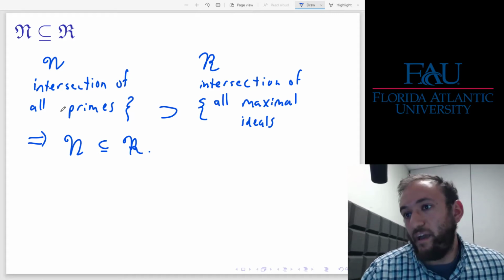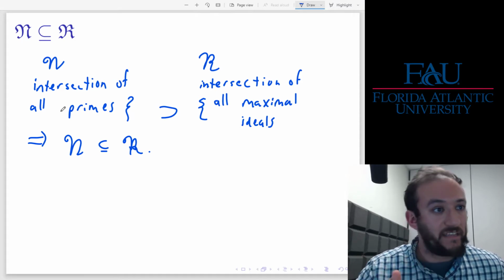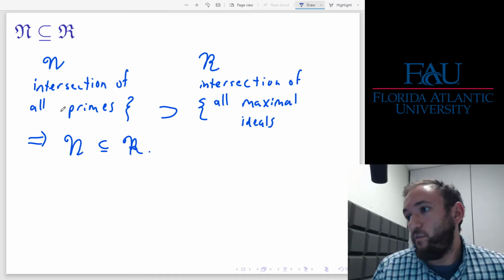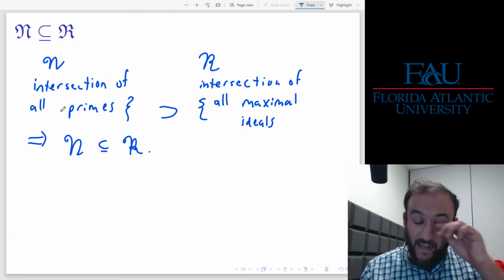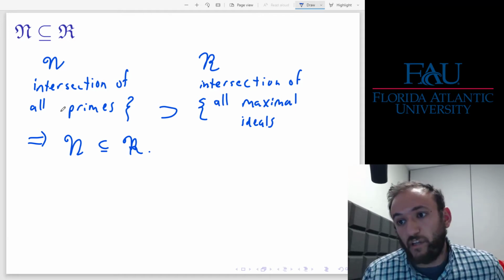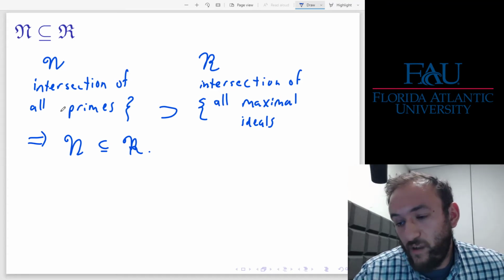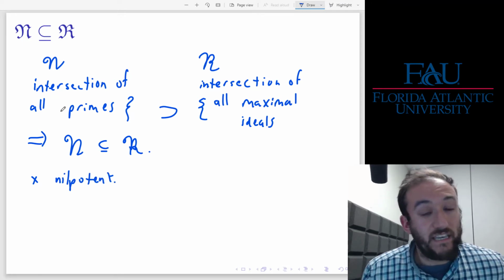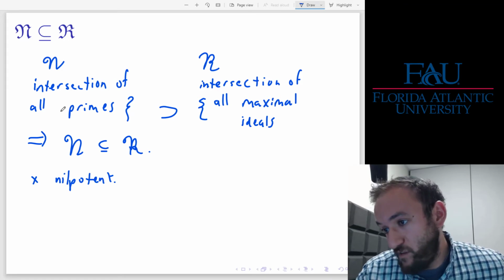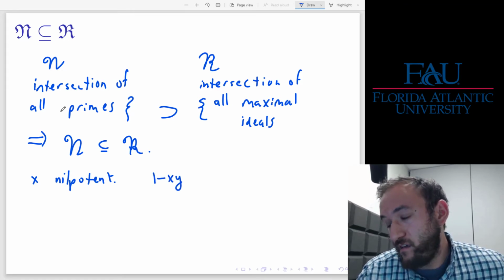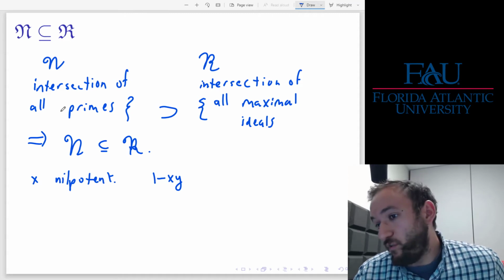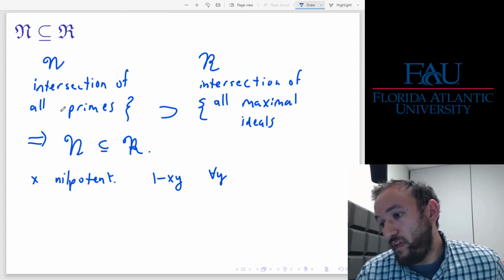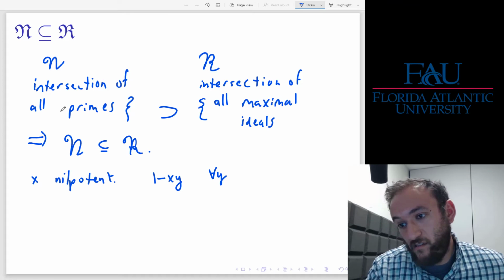Another way to think about this is that N is defined as the nilpotent elements, whereas R is defined as the elements that have this 1 minus xy being a unit property. Let's consider what happens if we take x nilpotent. Can we see if it satisfies this property? 1 minus xy needs to be a unit for all y. If x is nilpotent, then x to the n is 0.